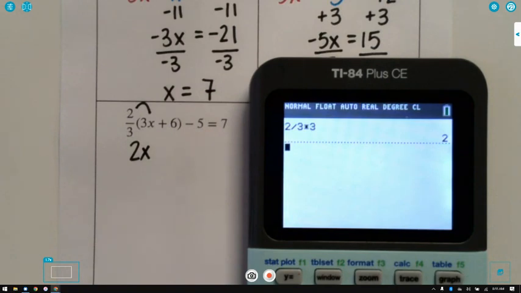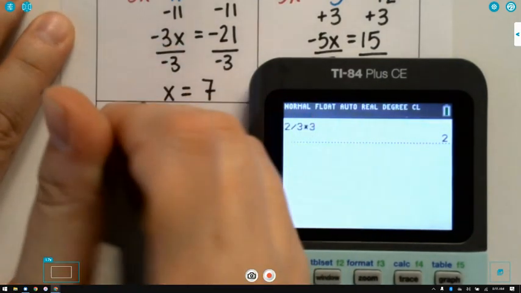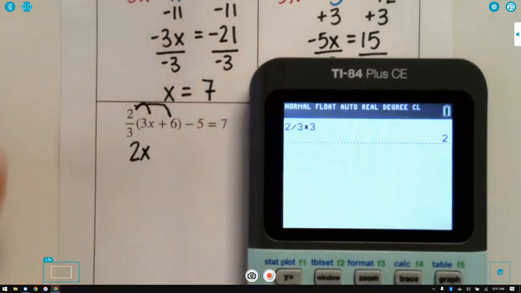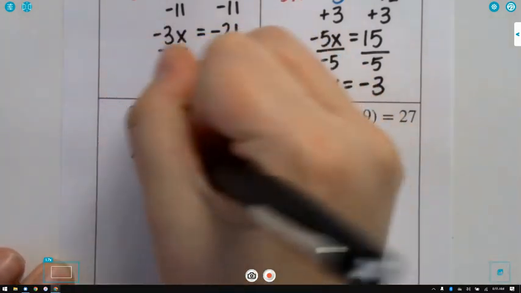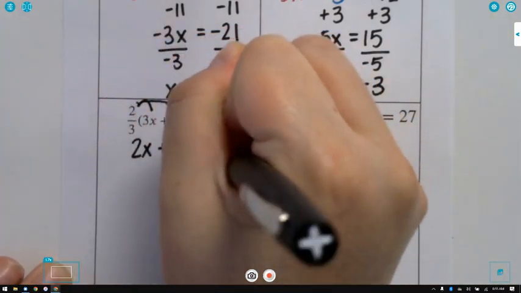So I've got 2x there. And then 2/3 of 6. Well, 1/3 of 6 is just 2, so 2/3 of 6 is 4. We could also do it in our calculator. So I've got 2x plus 4 here. Minus 5 equals 7.